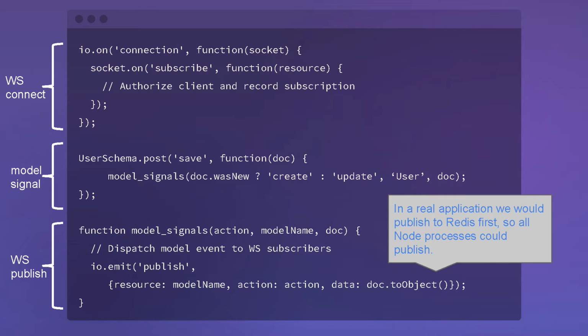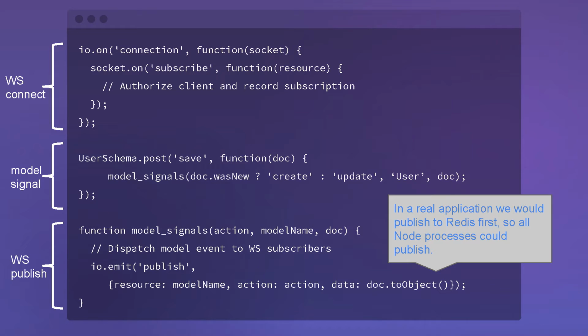In a real application, you'd have to worry about things like authenticating the user. Do they actually have access to this resource that they're requesting to see a stream of change events about? But for my simple demonstration today, if you go look at the source code, we're not doing any authentication.